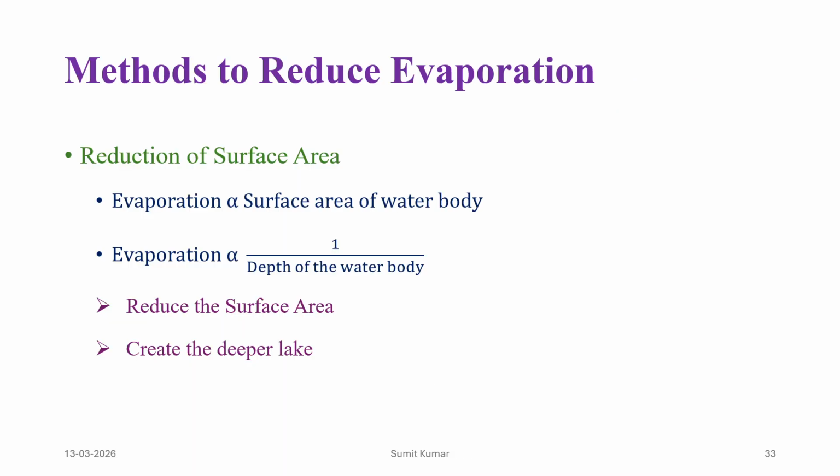One of the most fundamental ways to reduce evaporation is by reducing the surface area. Evaporation rate is directly proportional to the surface area of the water body. The larger the exposed water surface, the more water molecules can escape into the air. At the same time, evaporation is inversely proportional to the depth of the water body.